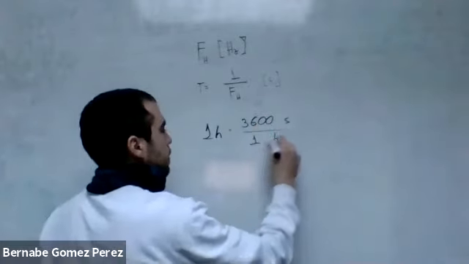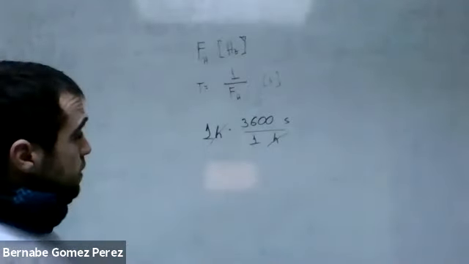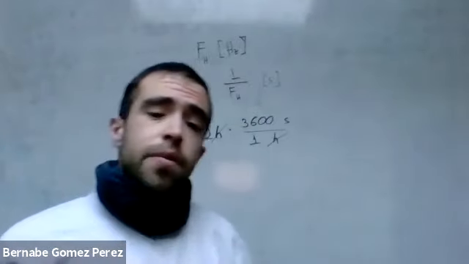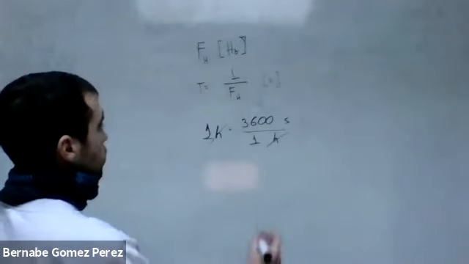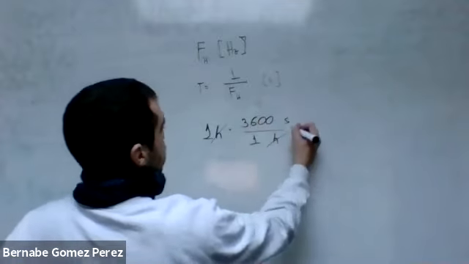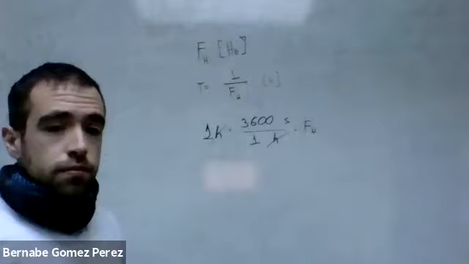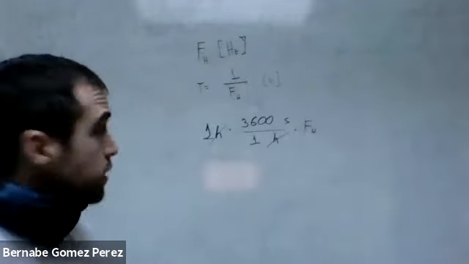Okay, cross out H and H, 3,600 seconds. And I know that FH is the number of oscillations in 1 second. So the total oscillations will be 3,600 multiplied by FH, right? Does this make sense?